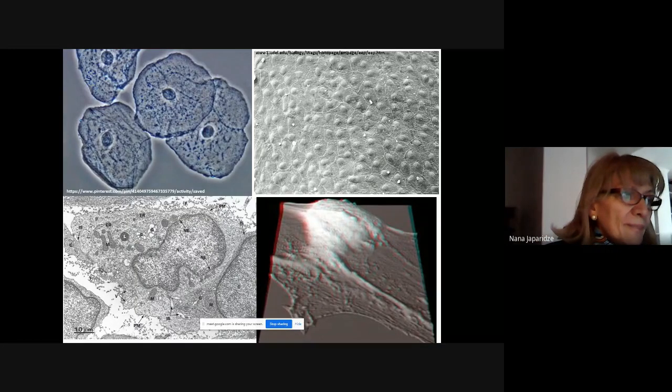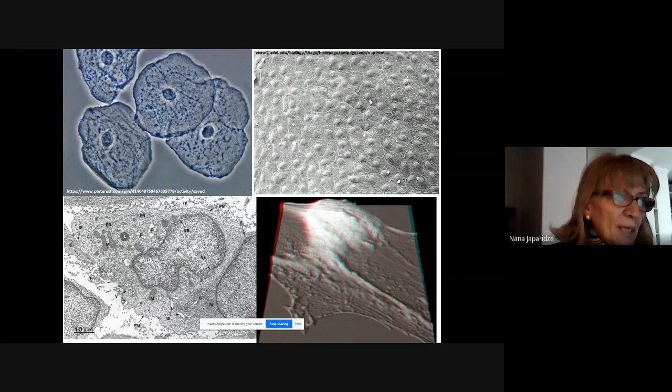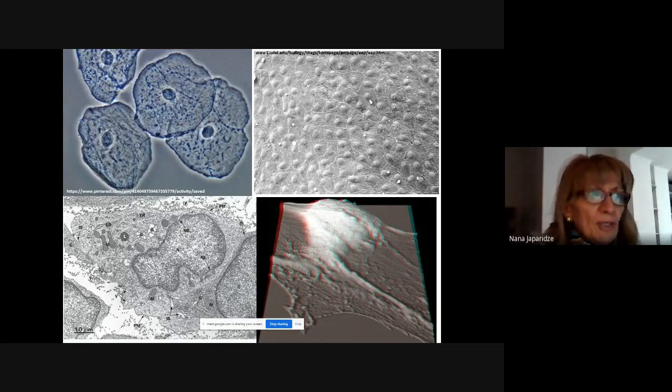The cell membrane is clearly visible in the transmission electron microscopic image. You also see the extracellular space between the cells, and there you can see these dark dots or thread-like structures. These are usually fibers, collagen fibers, different types of collagen fibers.